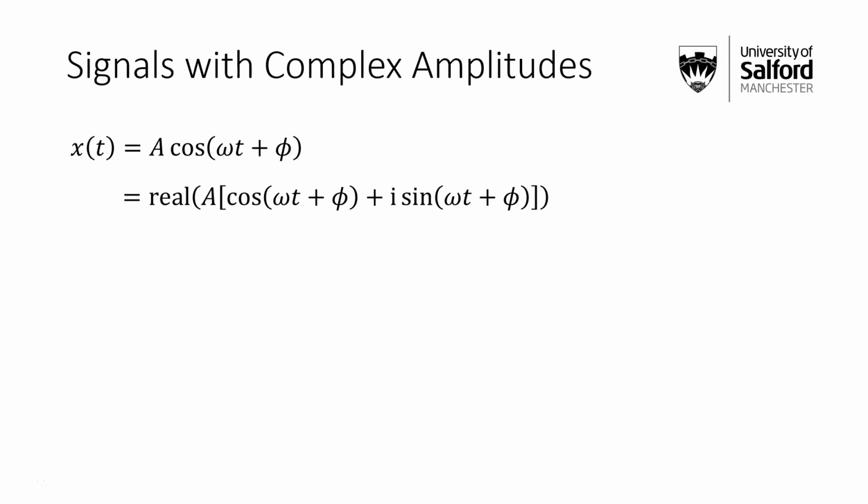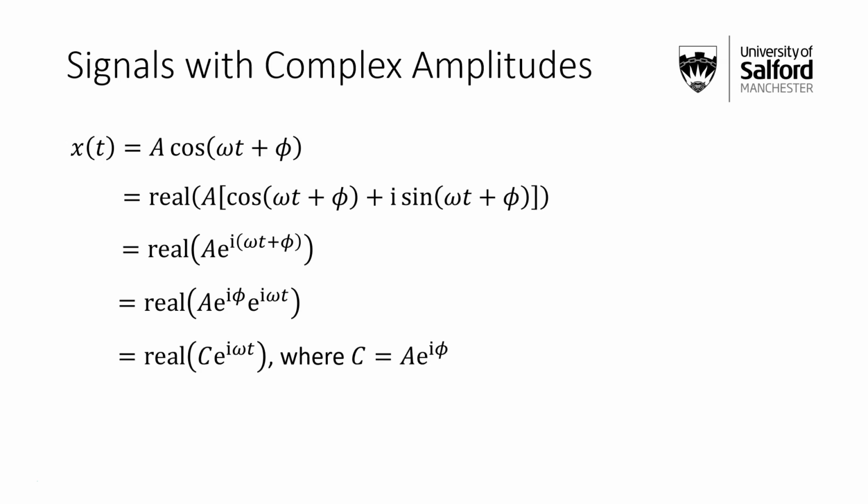But using Euler's formula, we can then draw this down into this rather convenient, more compact notation, where that just goes to the exponent. And then we can say, well, hang on a minute, maybe we'd like to split these up. Maybe we'd like to take the i phi, the phase, away from the i omega t, and you will get that. And then we'll say, let's bung the A and the e to the i phi together into a single number c. There we go.